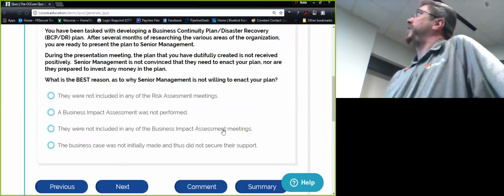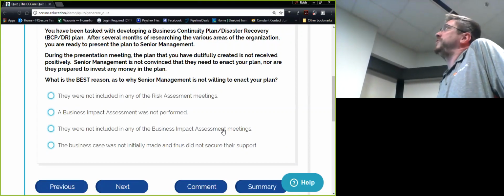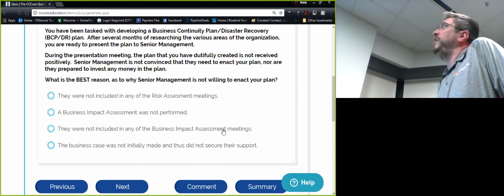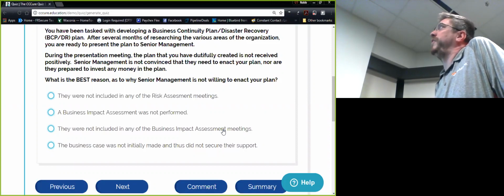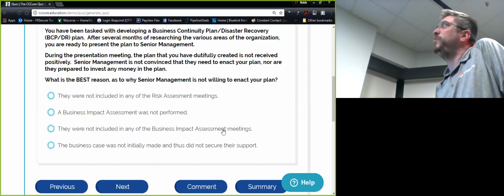You're tasked with developing a business continuity plan and disaster recovery plan. After several months of researching the various areas, you're ready to present the plan to senior management. During the presentation meeting, the plan that you have dutifully created is not received positively. Senior management is not convinced that they need to enact your plan, nor are they prepared to invest the money. What is the best reason as to why senior management is not willing to enact your plan?